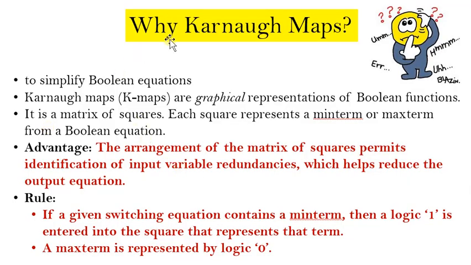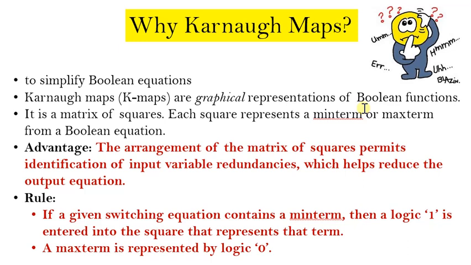So in this tutorial we will look into why we make use of the Karnaugh map, mainly to simplify the Boolean equations. Simplification of switching equations will reduce the amount of hardware needed to realize a given function, and the reduction of the gates and the gate input may result in fewer integrated circuits, which in turn will decrease the cost and improve the reliability.